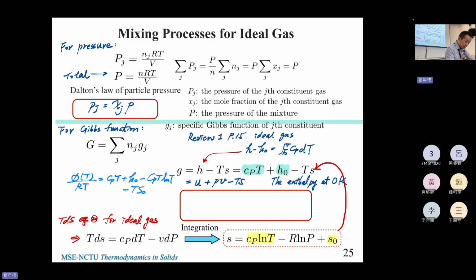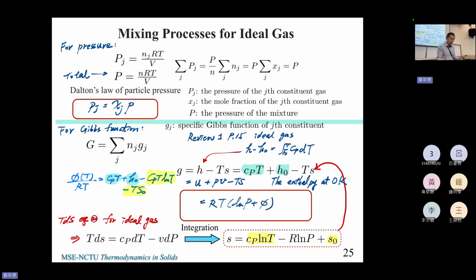You see here, these are all constant, so you can write down equal to RT natural log P plus phi.